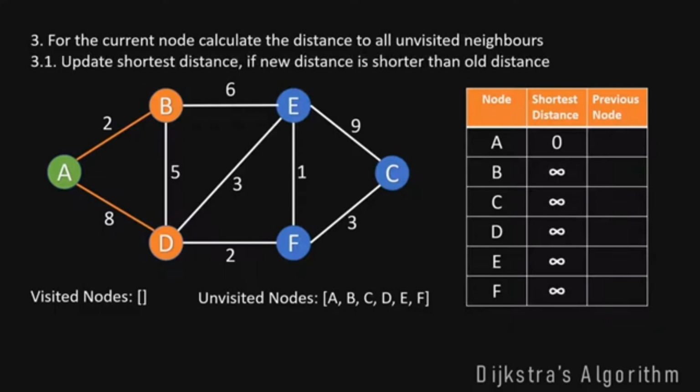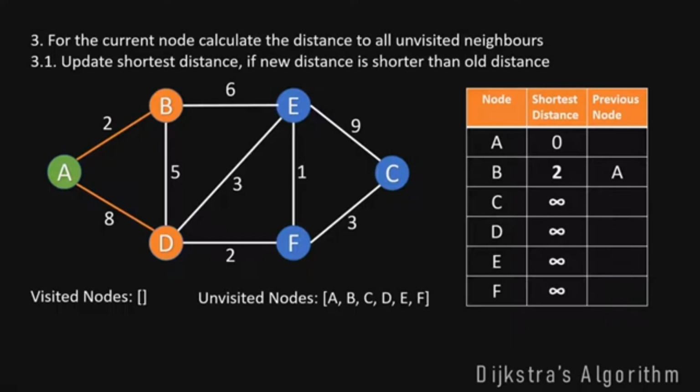Since we start at node A, we start by calculating the distance to all unvisited neighbors of A. The distance from A to B is 2, and the distance from A to D is 8. Now we can update our table on the right if we have found a new shorter distance to one of the unvisited nodes. B and D are unvisited and the current distance is infinity.